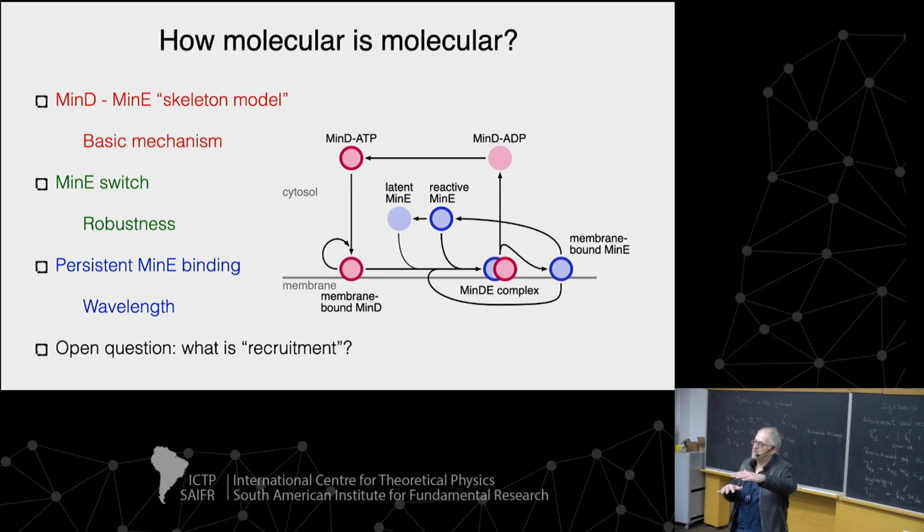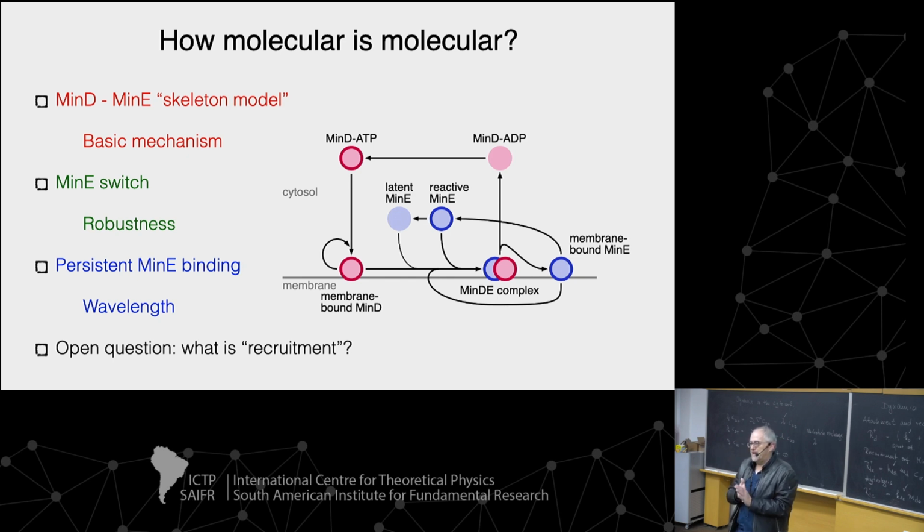So it's based on the fact that as you bind proteins, they kind of prepare the curvature of the membrane in such a way that the next protein is finding the right curvature it likes to bind to. And there's indication from experimental data that Min proteins create a spontaneous curvature at a membrane.